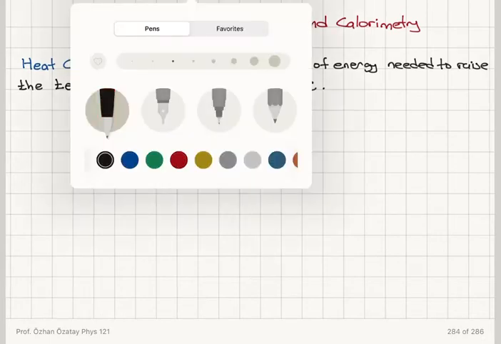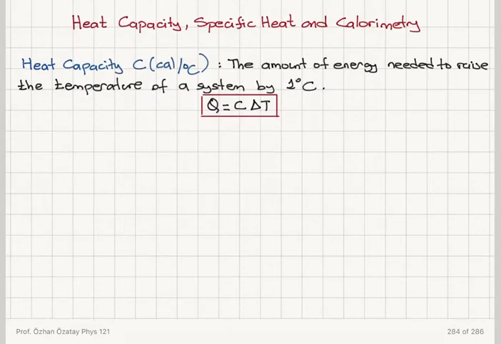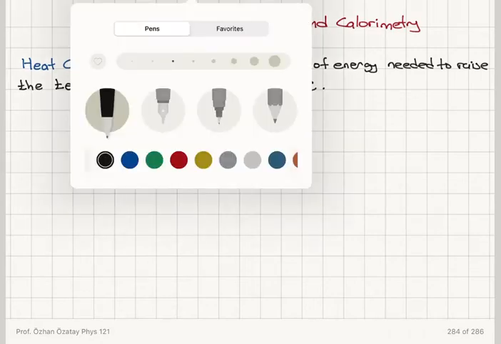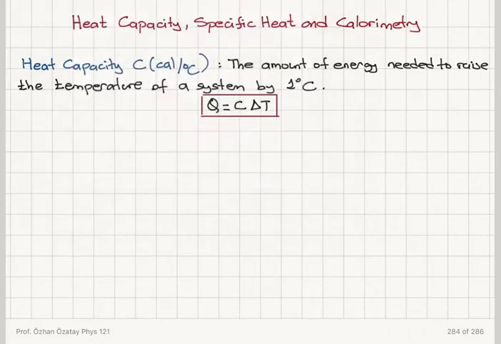Okay. Now, when we talk about specific heat, it's the heat capacity per unit mass. Specific heat, we show it with lowercase c.